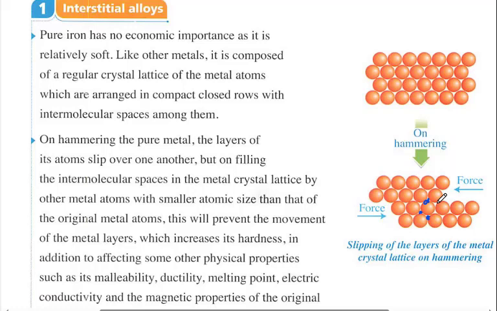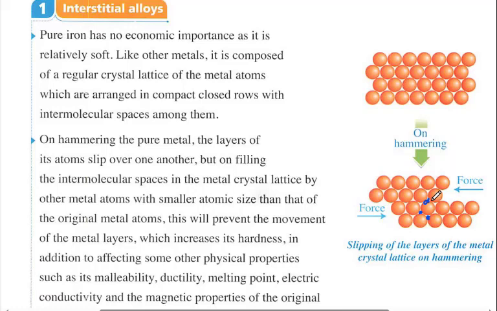Okay, so if we place another atom or another metal, or non-metal, inside this intermolecular space, and the size of the atom introduced into the crystal lattice of the main element is less than the original element size, in this case it forms an interstitial alloy.